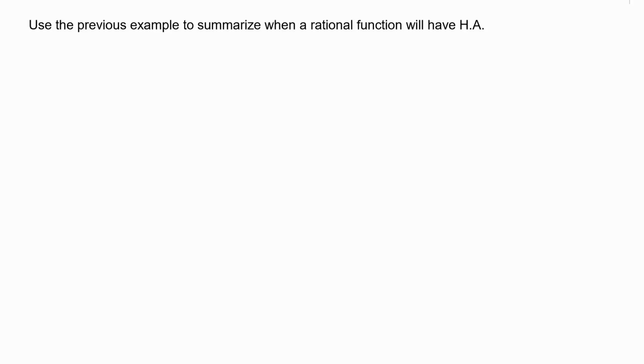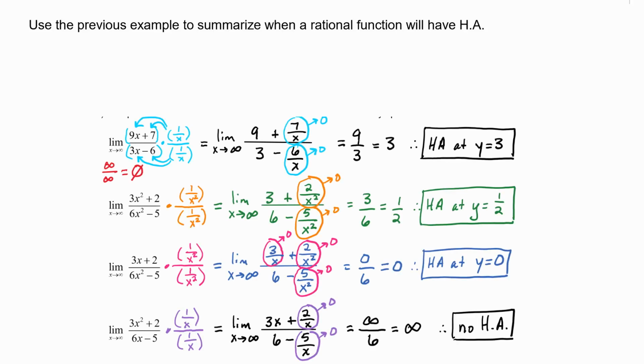Here we have to use the previous examples to summarize when a rational function will have a horizontal asymptote. Now, as we review the previous limits, we notice that whenever the degree of the numerator and the degree of the denominator were the same, we ended up getting a horizontal asymptote.